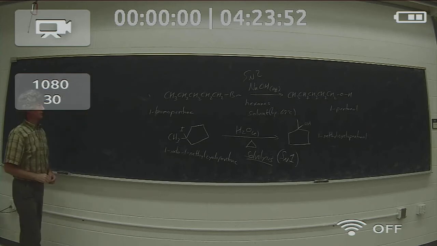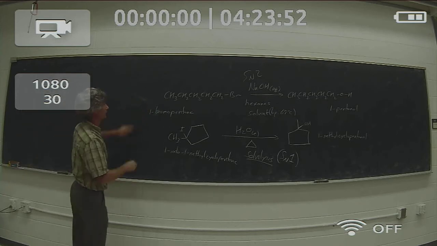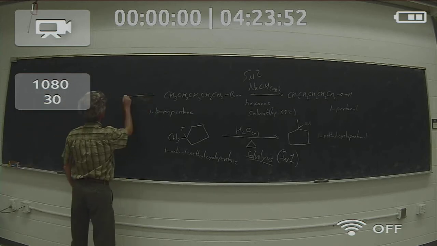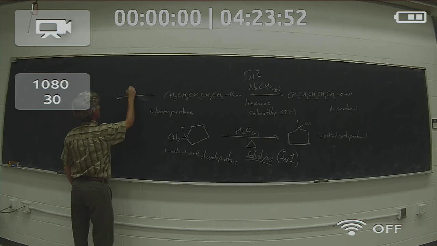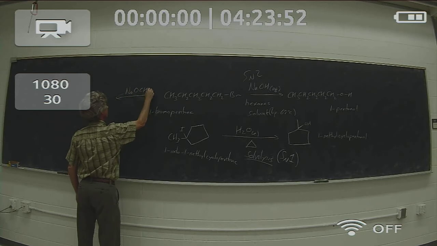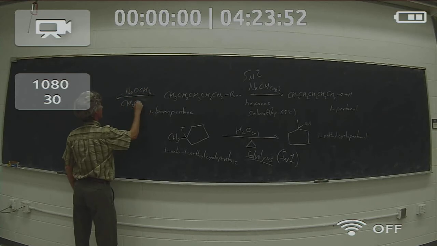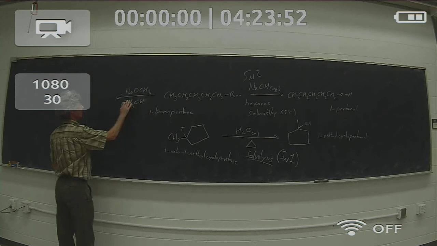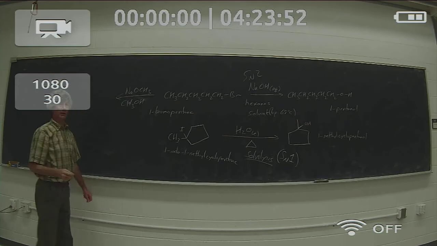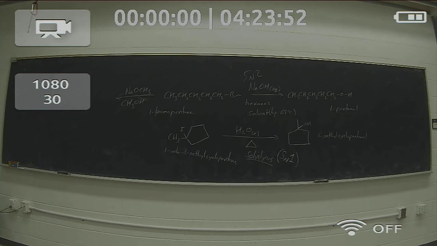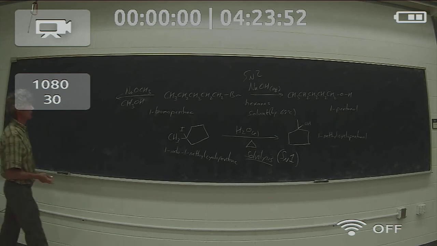It's possible to make ethers by exactly the same type of reaction. So if instead of reacting 1-bromopentane with sodium hydroxide, we had reacted that with sodium methoxide in methanol. Recall methanol being the most common solvent for methoxide ion because the sodium methoxide is often made in situ by adding sodium to methanol.